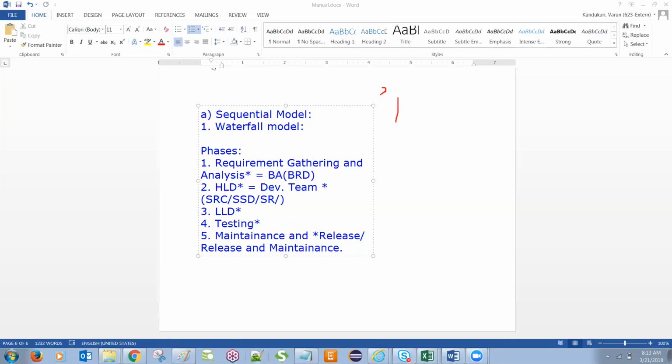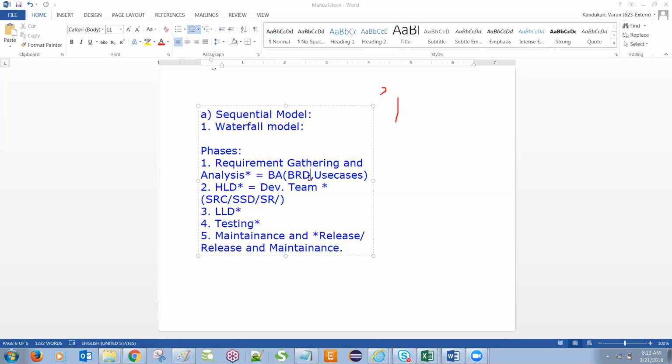If the business analyst is very good, he will prepare the business requirement document, or sometimes he will prepare use cases. This is different and that is different; business requirement document or use case depends on the business analyst.